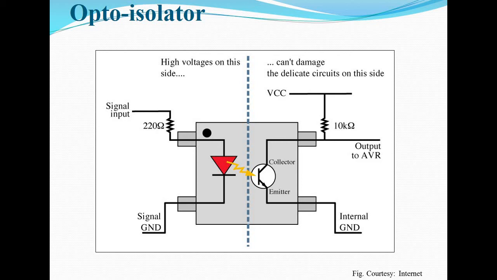So it is a photosensor. The LED converts the electrical input signal into light, and the photodiode or the transistor in our case detects the incoming light, and based upon the incoming light generates corresponding electric energy.